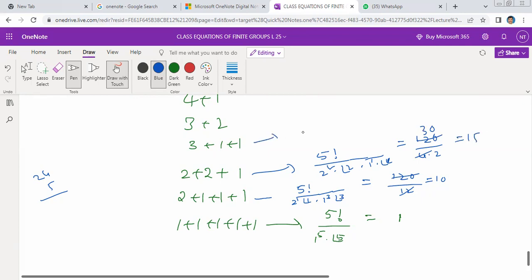Next, 5 factorial by 3 power 1 into 1 factorial, into 1 is repeated 2 times, into 2 factorial. What is the answer? 120 by 3 into 2, 6, that is 20.